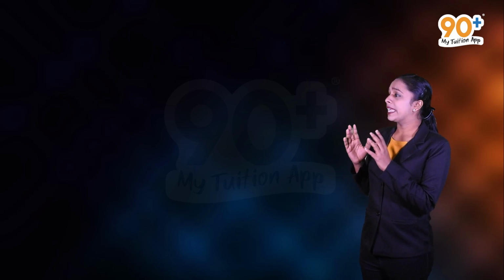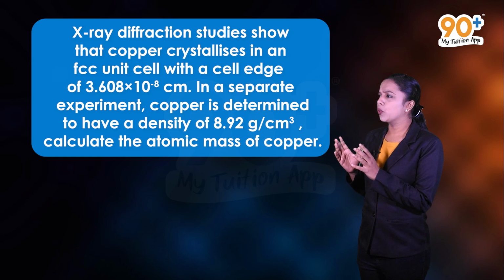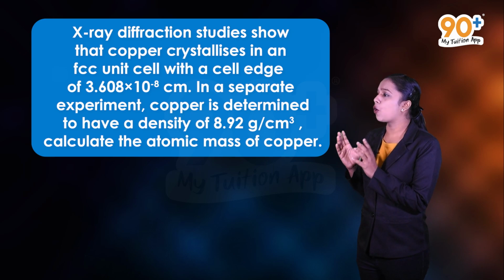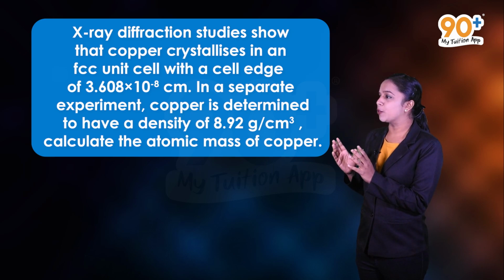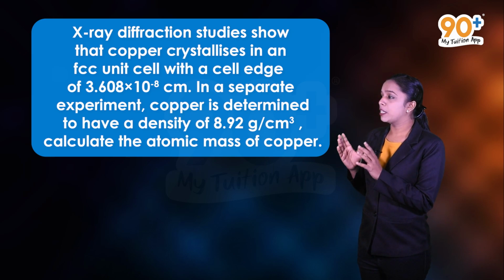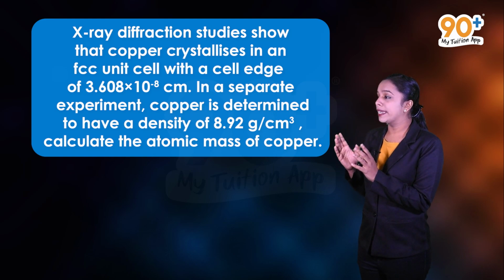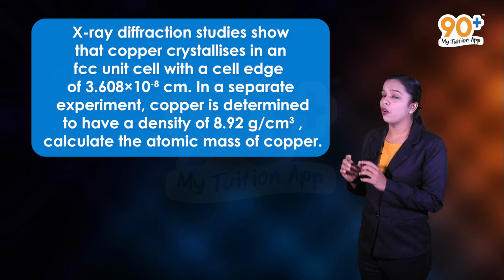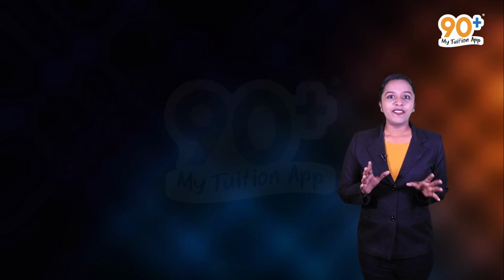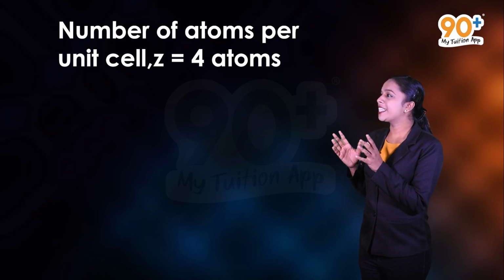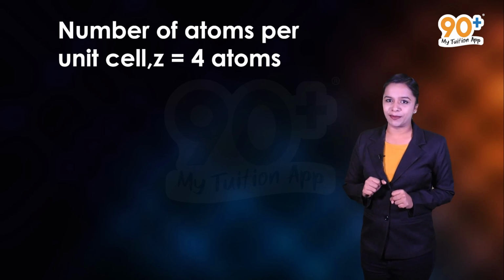X-ray diffraction studies show that copper crystallizes in an FCC unit cell with a cell edge of 3.608 into 10 raised to minus 8 centimeter. In a separate experiment, copper is determined to have a density of 8.92 gram per centimeter cube. Then calculate the atomic mass of copper. Well, in case of an FCC lattice, the number of atoms per unit cell, Z, is equal to 4 atoms.